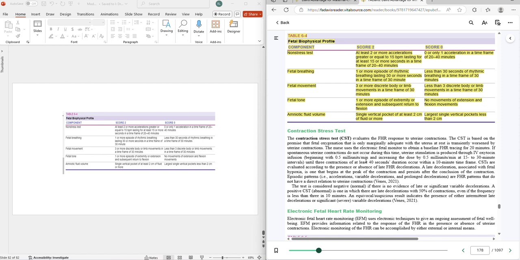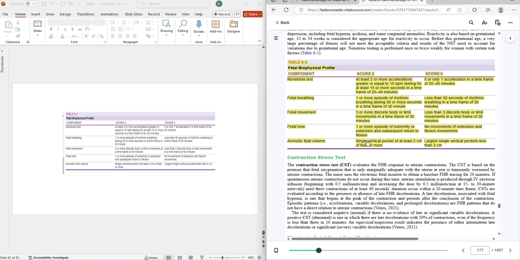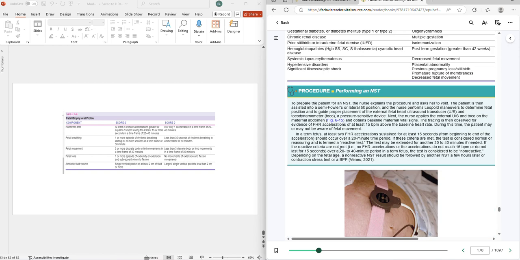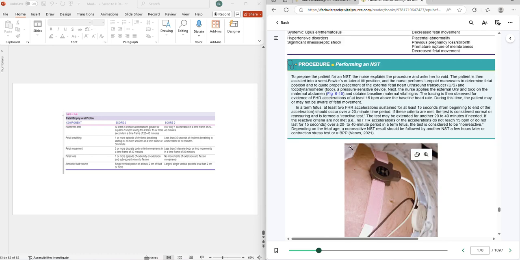Usually for the non-stress test, the mother has a little button that she clicks every time the baby moves. There's a procedure on page 179 that you can read through. You ask her to void, we put the monitor on her, and every time she feels the baby move, we get her to click a button.